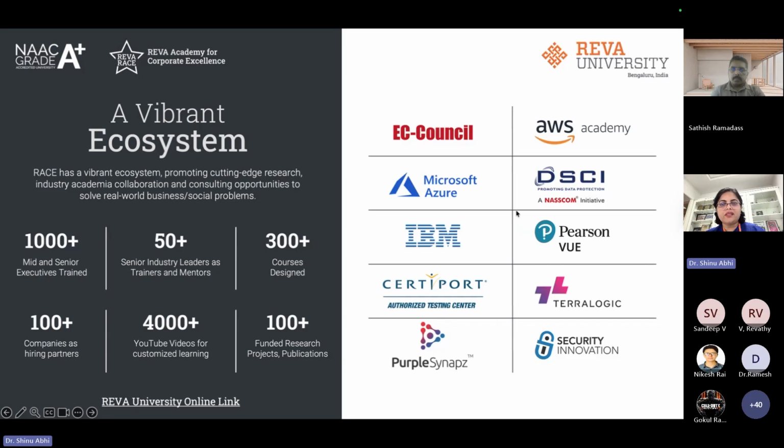Those who have not received the REVA email ID, that comes to you after you register for the program, so please put your queries if you haven't received it. Once you get access to the REVA email ID, you will get access to the LMS and multiple other things that this program provides. We don't want you to consider that it is just one certification. No, you are getting access to a lot more because of the ecosystem you are now connected to.